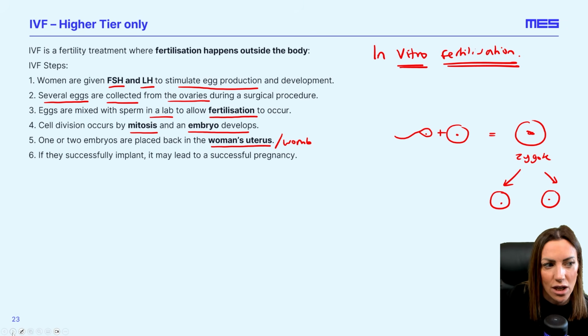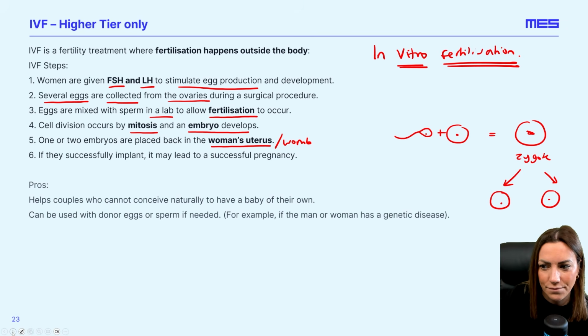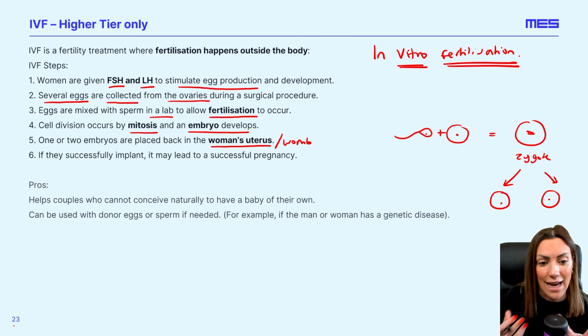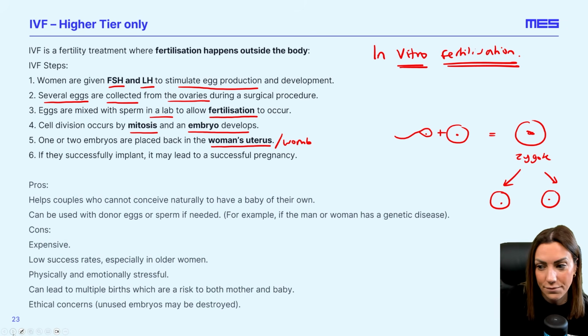Okay, so you do have to learn these steps if you're higher tier. Now, pros, it helps couples who cannot conceive naturally to have a baby. It increases their chances of a successful pregnancy. You could do this with donor eggs or donor sperm if needed. So if either the male or the female had a genetic disease, you could use donor eggs or sperms.